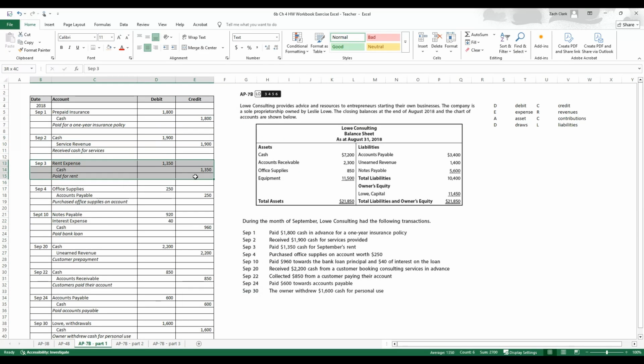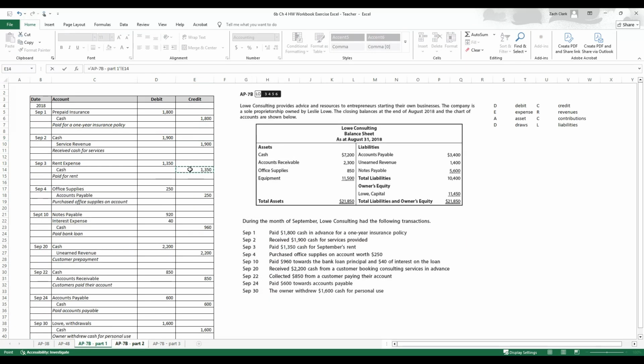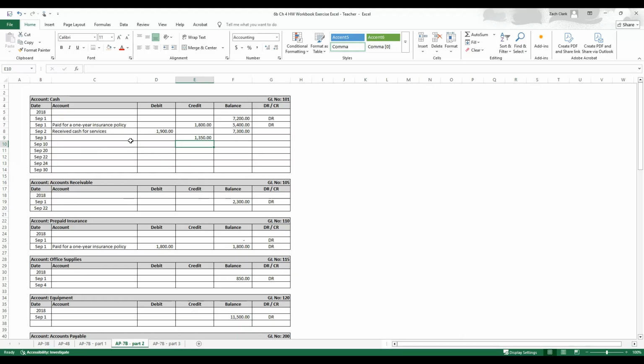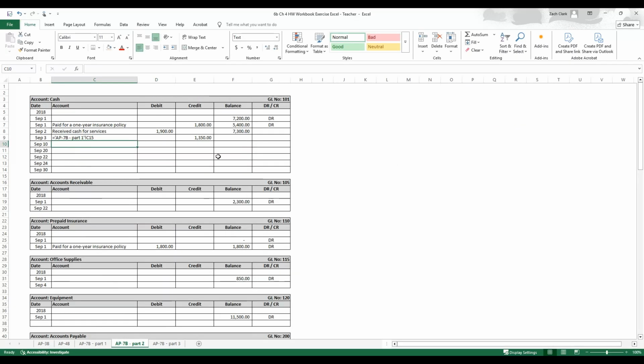The next one was a decrease to cash and an increase to rent expense. So let's start with cash. So now we're crediting cash. Let's link in the title there. Oh, that didn't work. Why did that not work?